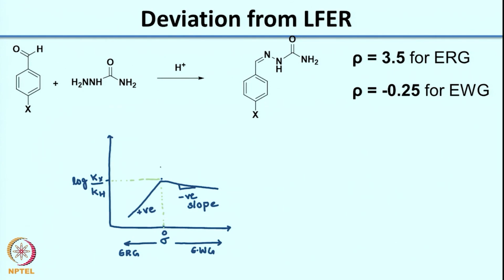Remember, since hydrogen will have to be 0, you cannot have anything with a negative slope coming in this quadrant, which is to the left and top of hydrogen, which is this area. So, you cannot have anything coming there.